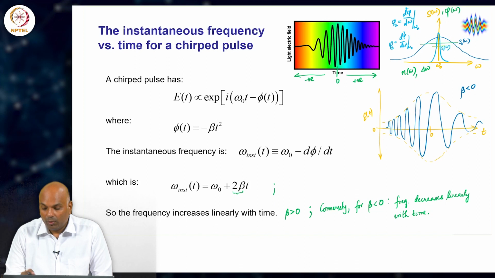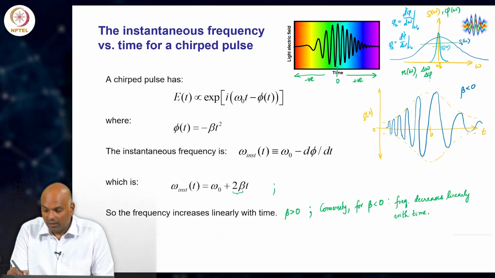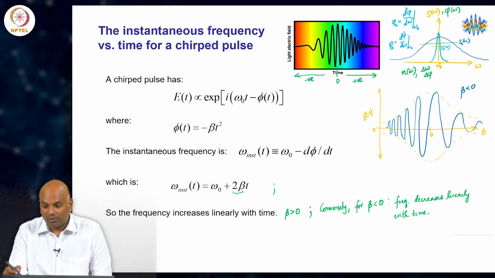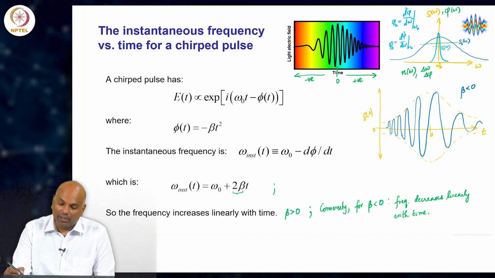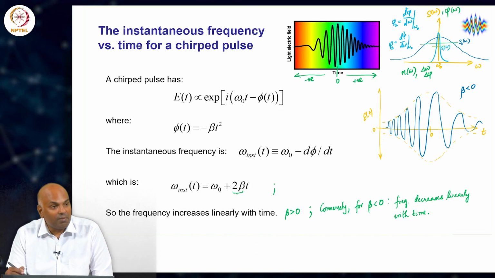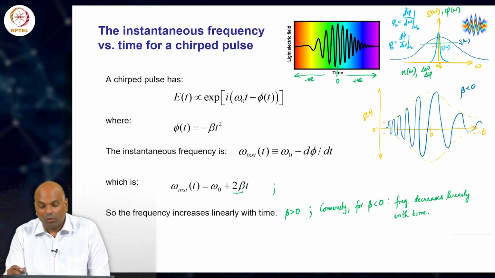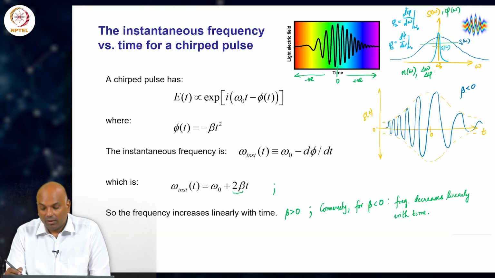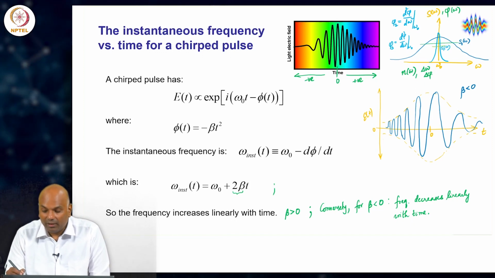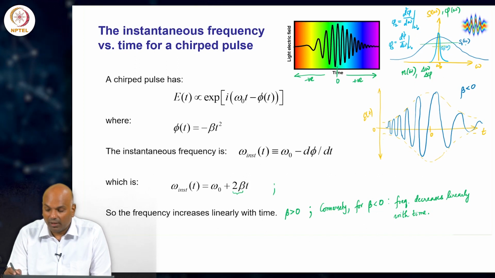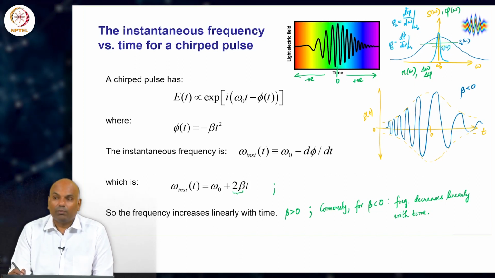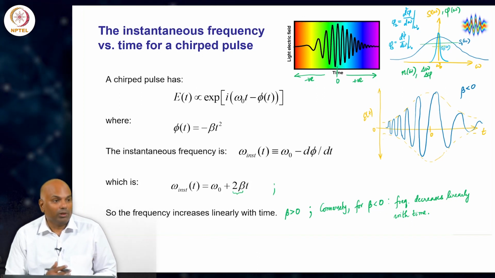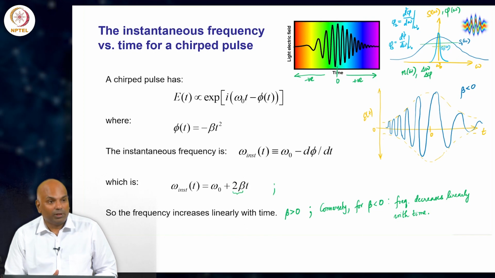The amount of delta phi phase variation that the pulse gathers over this frequency range, where we have an appreciable amplitude of this spectral intensity function, is evidently larger for pulse 2 as compared to pulse 1, because the delta omega itself is much smaller for pulse 1.